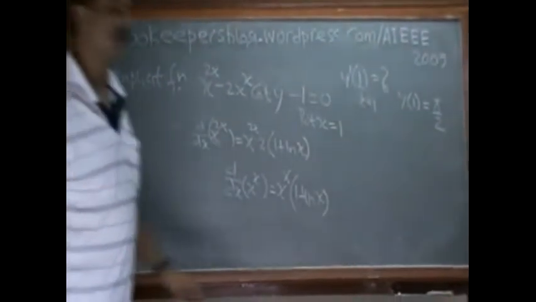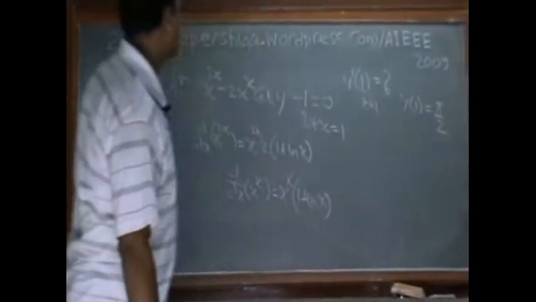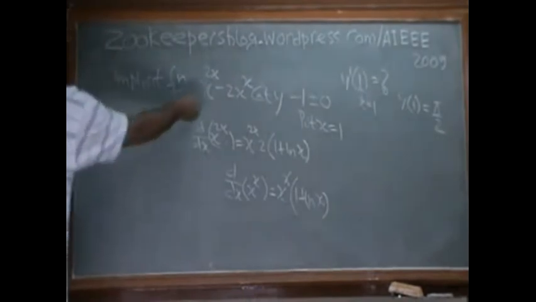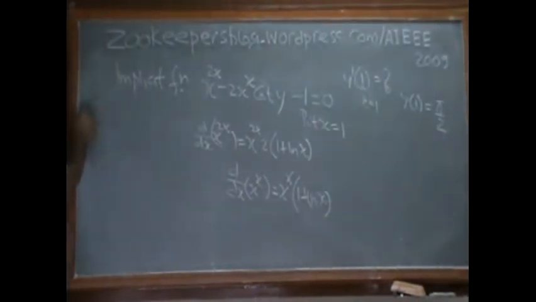Now we start implicitly differentiating. We need y dash, so we start implicitly differentiating from here. So how do you write it?